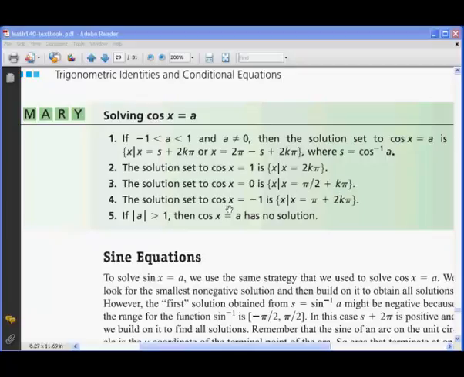And another special case, cosine x is equal to -1. So that is the set of x such that x is equal to pi plus 2k pi. And when the absolute value of a is greater than 1, this equation has no solution. So try to read this summary when you begin to solve equations of this type.